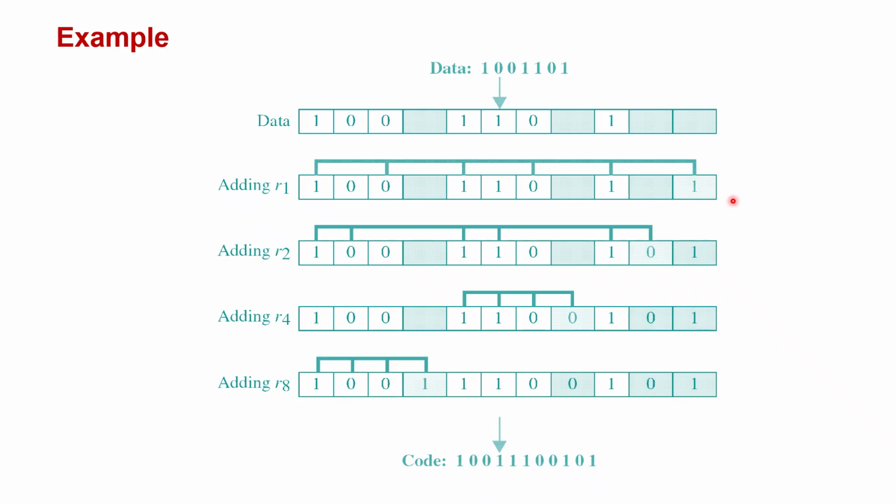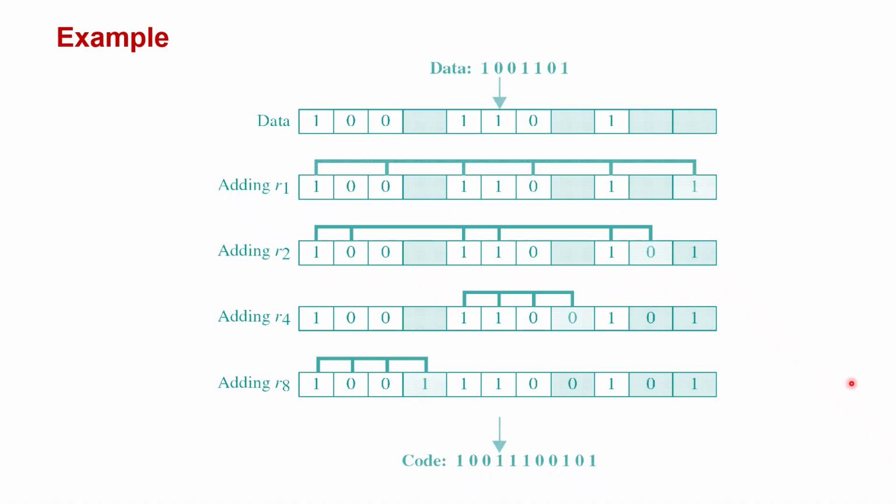R1 checks bits 1, 3, 5, 7, 9 and 11 and gives 1. R2 checks bits 2, 3, 6, 7, 10 and 11 and gives 0. R4 checks bits 4, 5, 6, 7 and gives 0, and R8 checks bits 8, 9, 10 and 11 and gives 1.